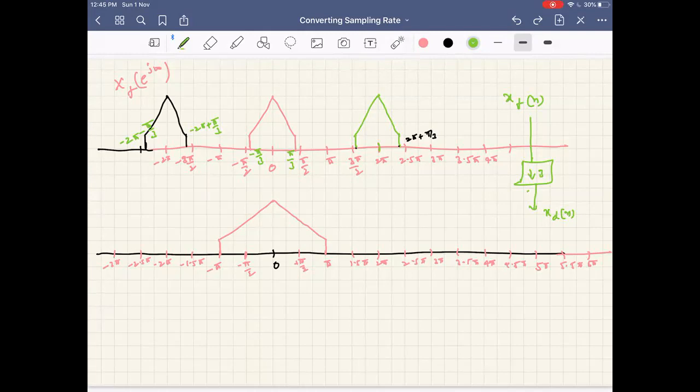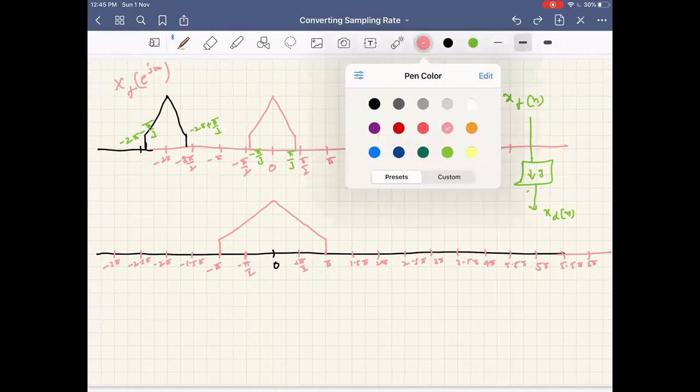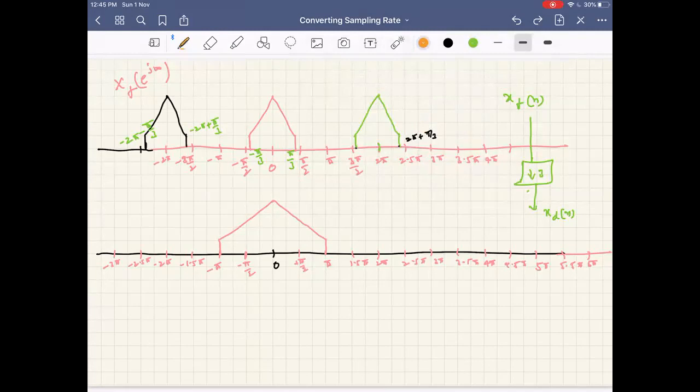So 2 pi minus pi to 2 pi plus pi. And hence its replica, you can see that its replica will come from 2 pi minus pi to 2 pi plus pi, right?